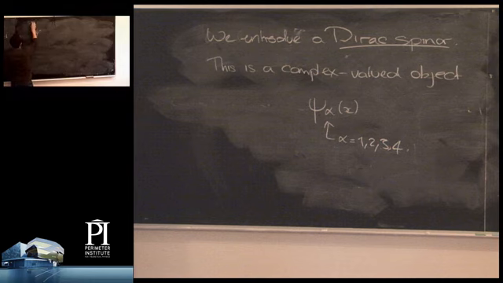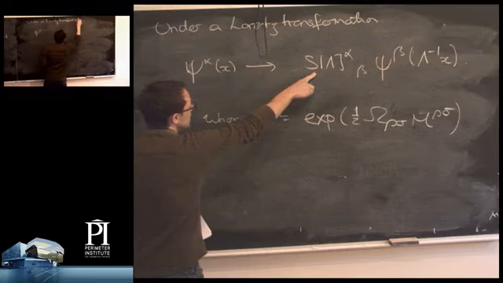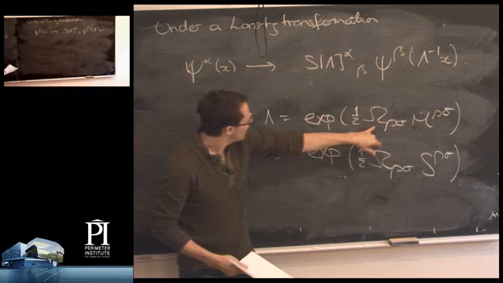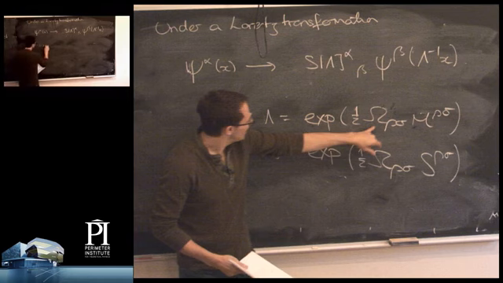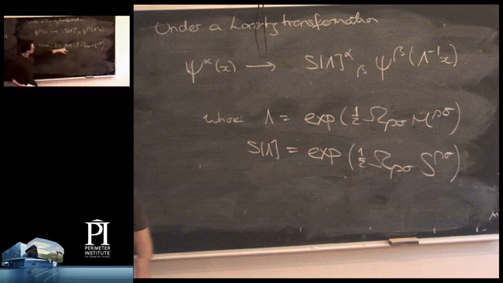OK, so the property of this field is that under a Lorentz transformation, this transforms in the following way, where lambda is some Lorentz transformation, which, as we've seen, can always be written as the exponentiation of these particular matrices M, which we saw in the last lecture.